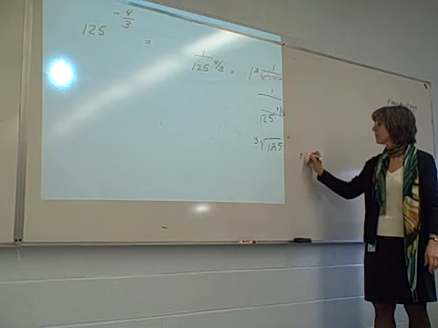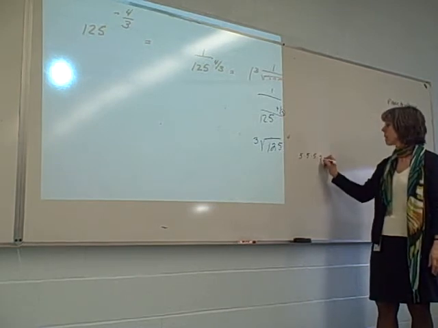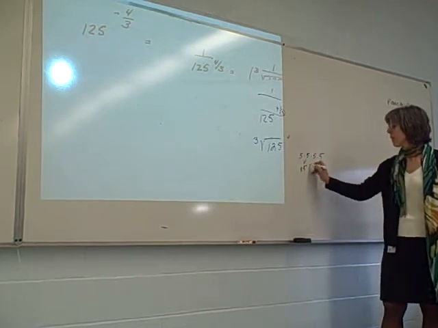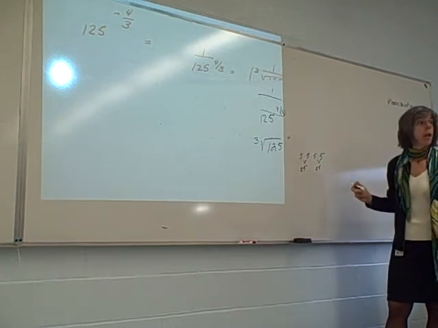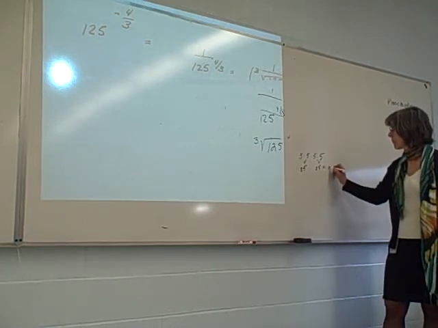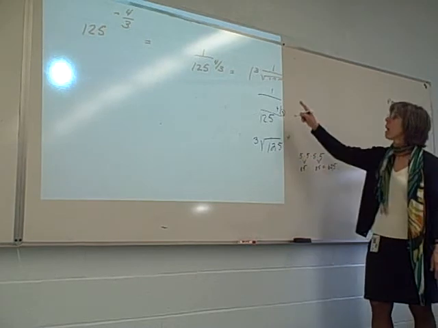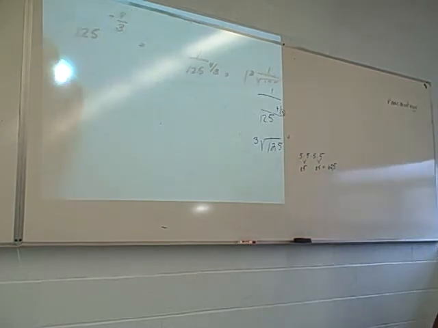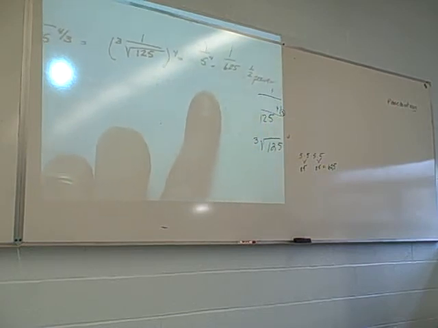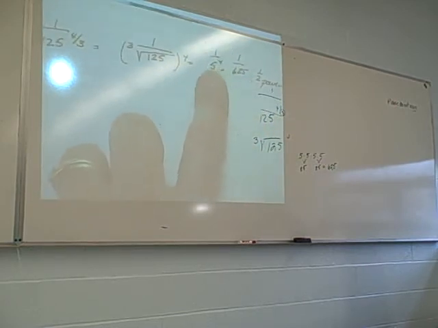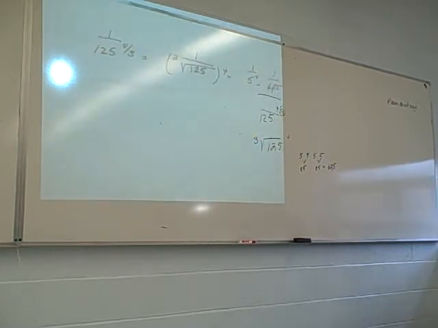So 5 times 5 times 5 times 5, I have what, 25, 25 times 25 is what? 625, good. So my answer would be 1/625.